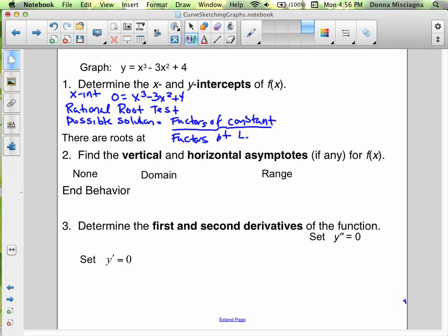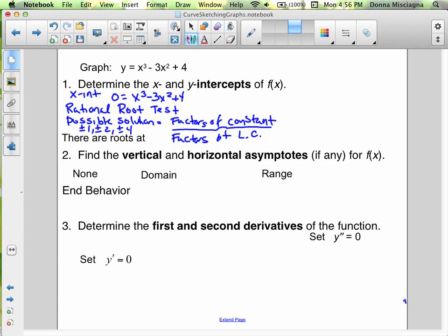I'm going to put LC for leading coefficient. In this case, it's 1. So your only possible solutions are plus or minus 1, plus or minus 2, and plus or minus 4, the factors of 4. And then we've narrowed it down to 6 values.